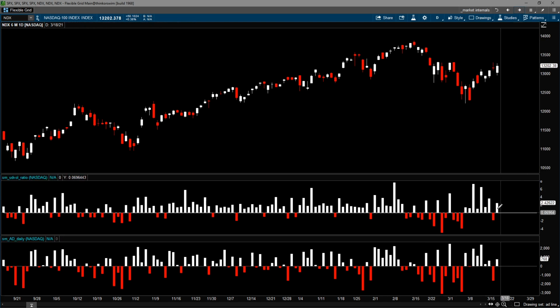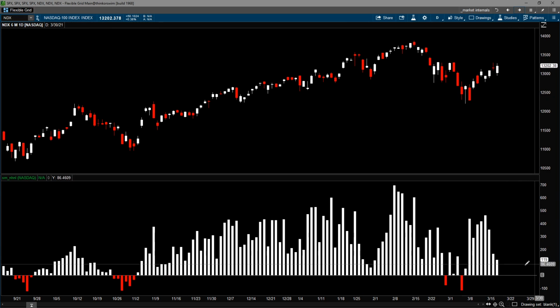Similarly on the NASDAQ, here's the up-down volume ratio, and it finished the day at 2.426. The advance decline is 768, more advancers than decliners. And on the new high, new low, there were 119 more new highs than new lows. Again, it's a little bit less than the previous day, but all in all, it's still positive.